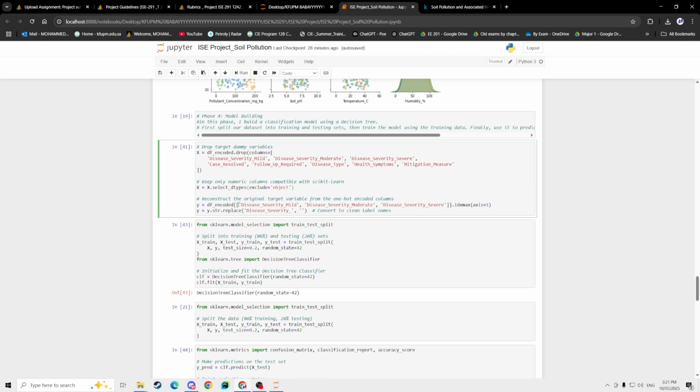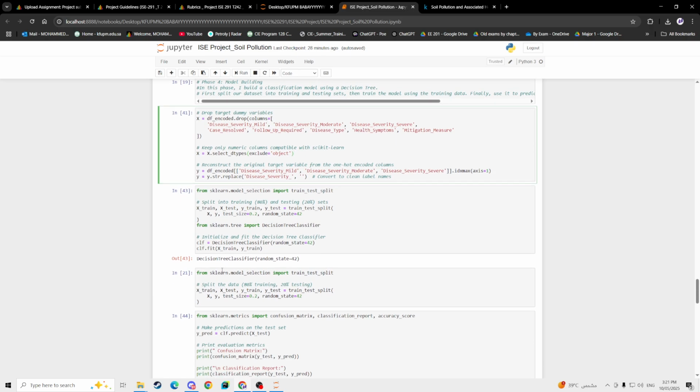I then reconstructed the original target and moved on to preparing the data, training it and testing it in order to model the tree plot that will be shown shortly.